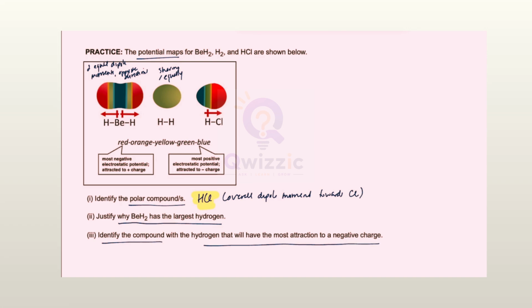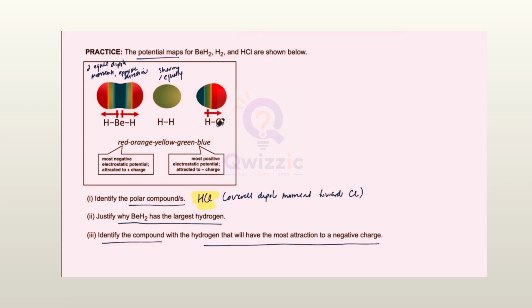Then number 2 says why BeH₂ has the largest hydrogen. Well, here size indicates how much electron density a particular atom has. In BeH₂, the hydrogens are more electronegative than the beryllium. So those electrons will spend more time on the hydrogens than they will on the beryllium.